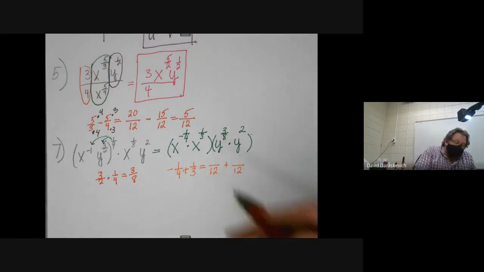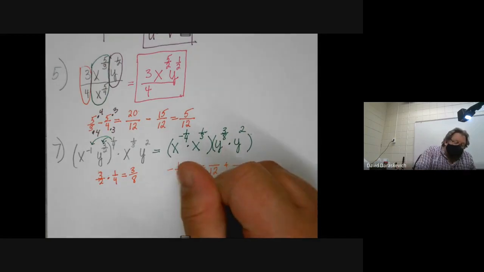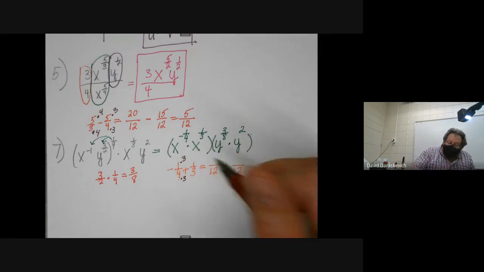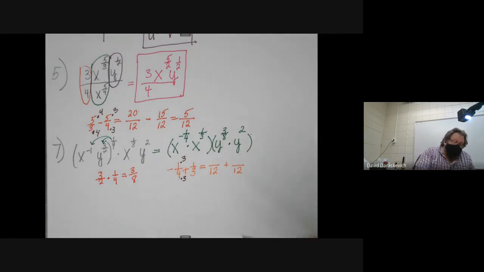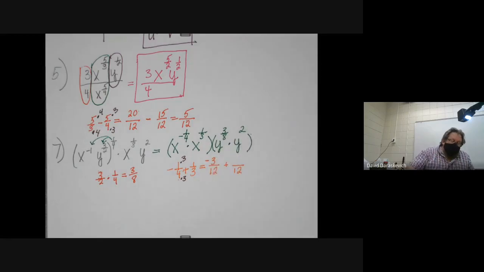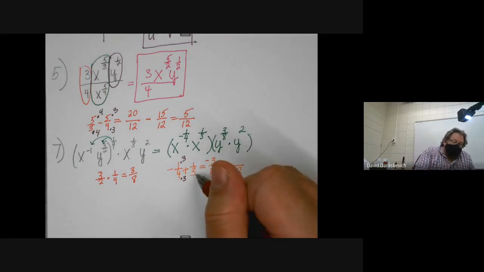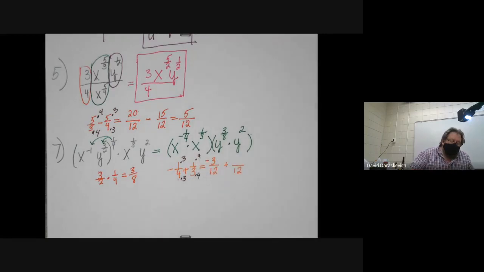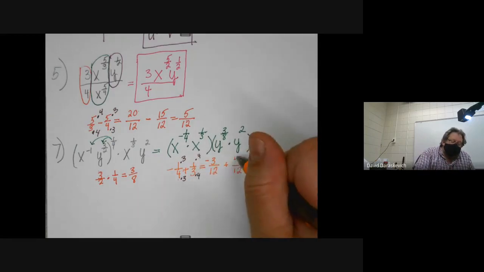Let's see, multiply this by 3, I have to multiply that by 3. So that's -3. Multiply that by 4, so I have to multiply that by 4. I get +4.